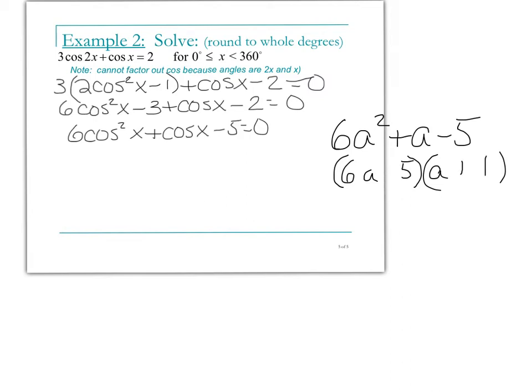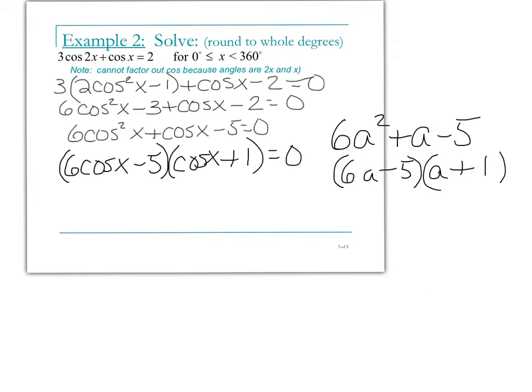And I want to get a positive a, so it'll look like that. I can bring that back here, and I get 6 cosine x minus 5 times cosine x plus 1 equals 0. I hope that you're able to see that I just tried to make it a simpler factoring problem for myself.